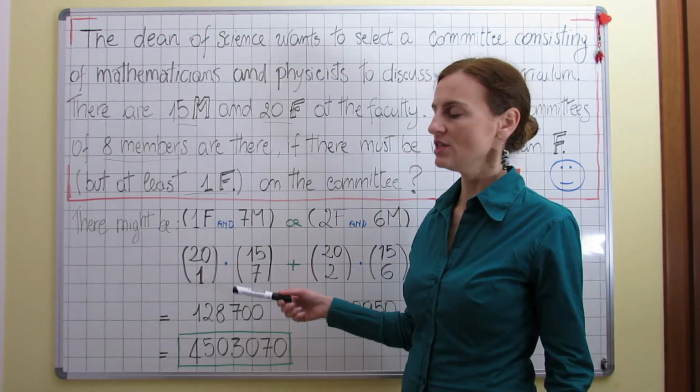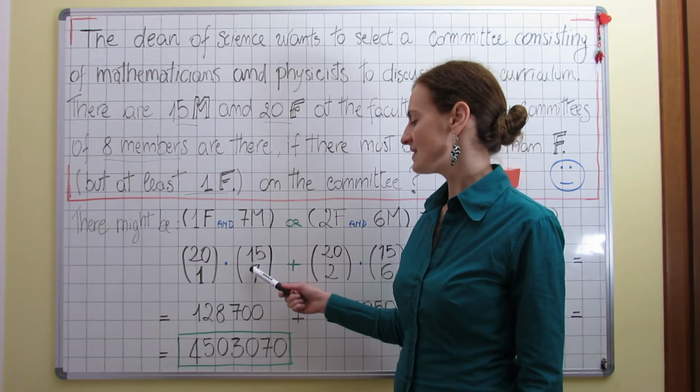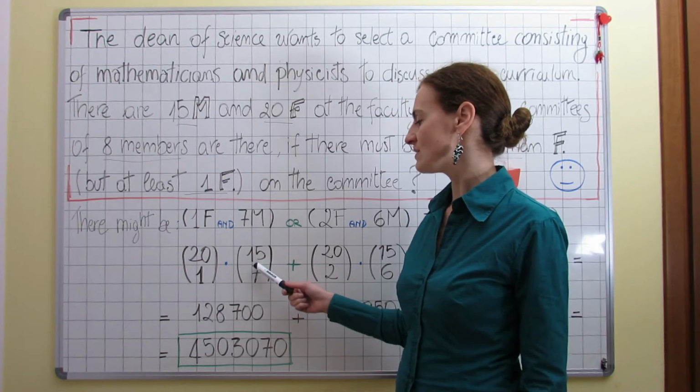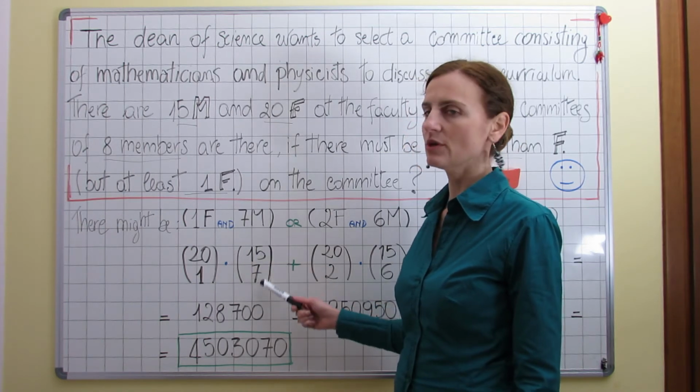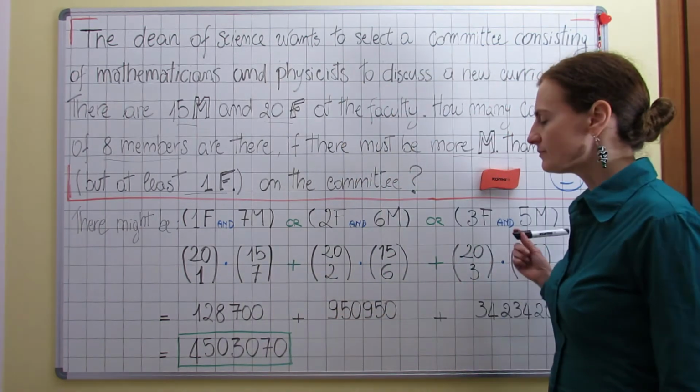So the question is, how many subsets of 7 elements are there in a set of 15? So it's 15 binomial 7, and so on.